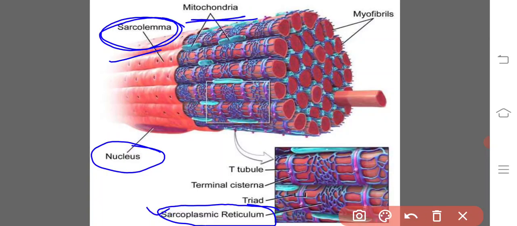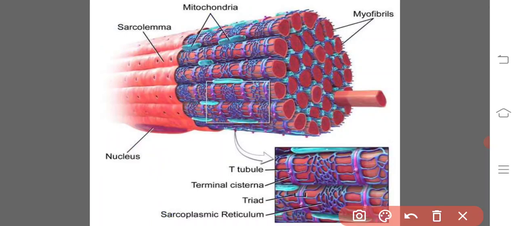And here you can also see there is a triad system. What is a triad system? Thousands of tiny invaginations of the sarcolemma are called T-tubules, otherwise the transverse tubules.